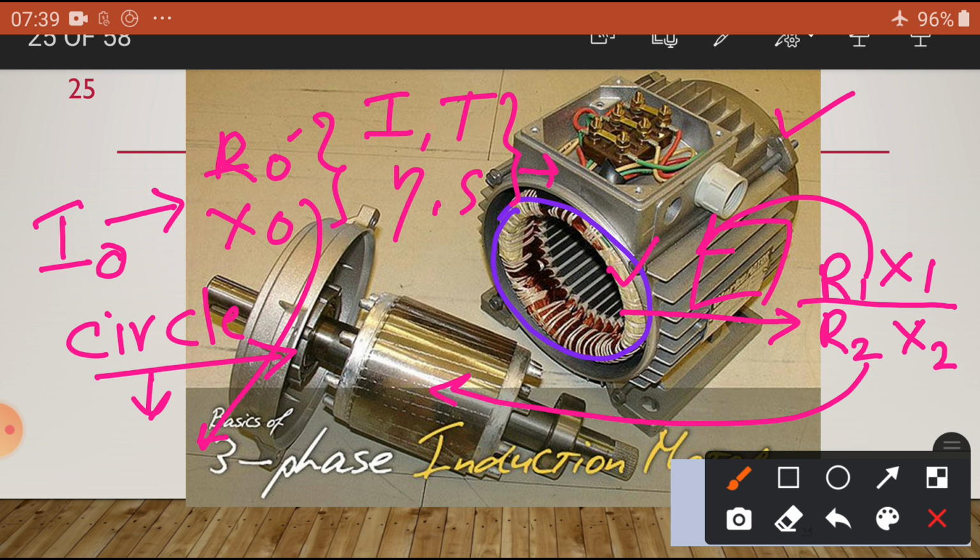Now I want to know which parameters of induction motors play a vital role in knowing the performance of the induction motor.